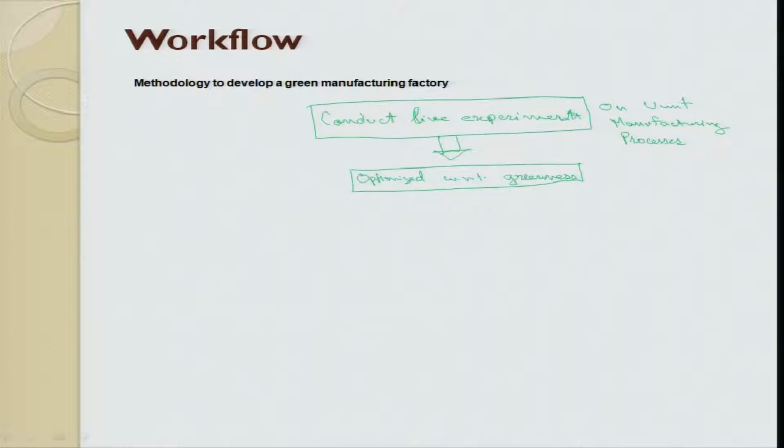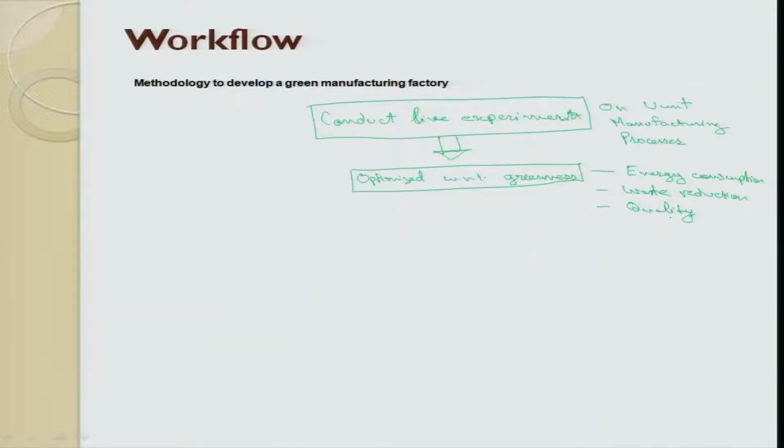This optimization might be done based on energy consumption, then waste reduction, then one quality parameter has to be there to maintain the quality along with minimizing the bad effects, right?